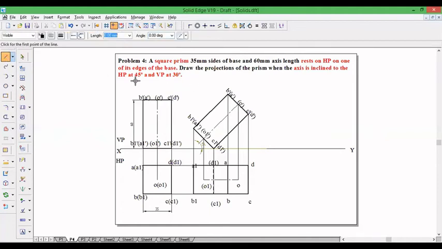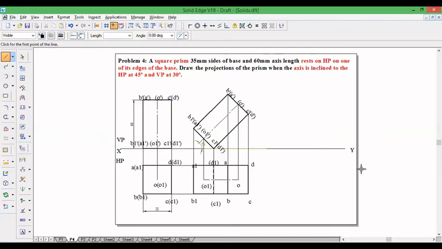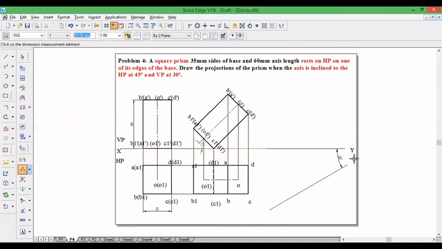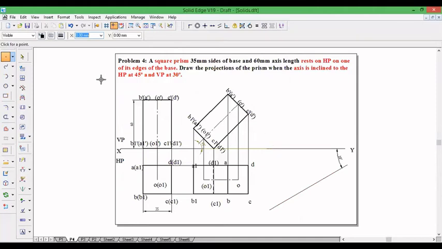So let us draw the true angle first using continuous line, 0.13 mm thickness. The angle between these two must be 30 degree. Now construct a point somewhere on this 30 degree line and take that point thickness 2 mm at least.